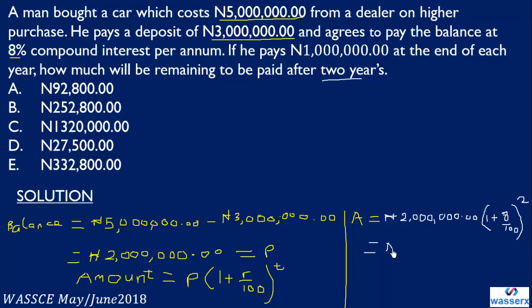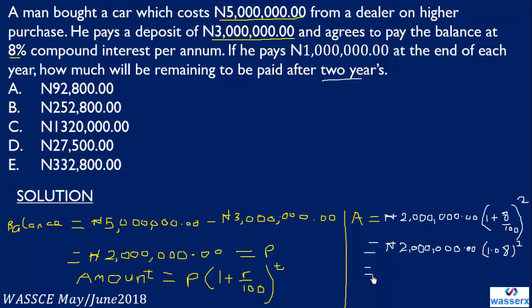So we have 2 million naira being multiplied by 1.08 squared.